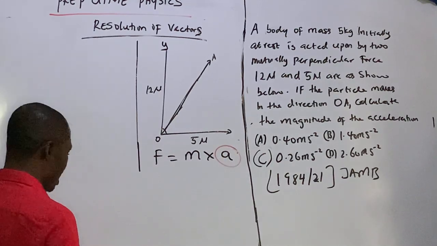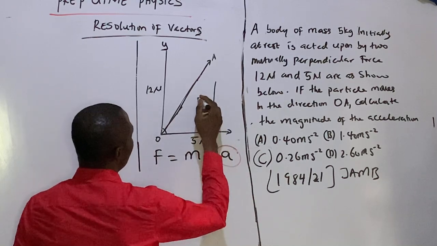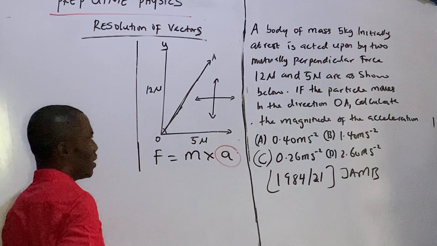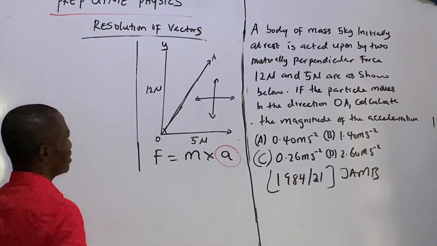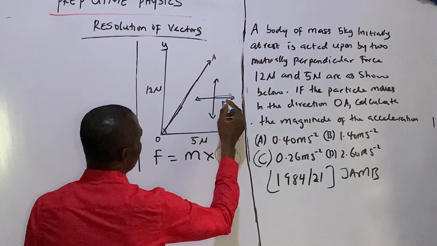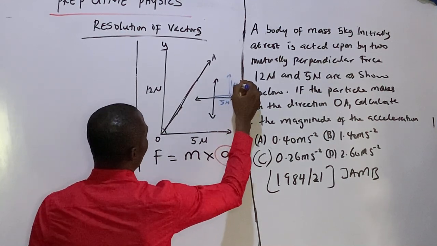If you are conversant with the resolution of vector, you will know that we often use the coordinate system to solve that. So here we have that force moving 5 Newton over here, and then it moves over here, 12 Newton.